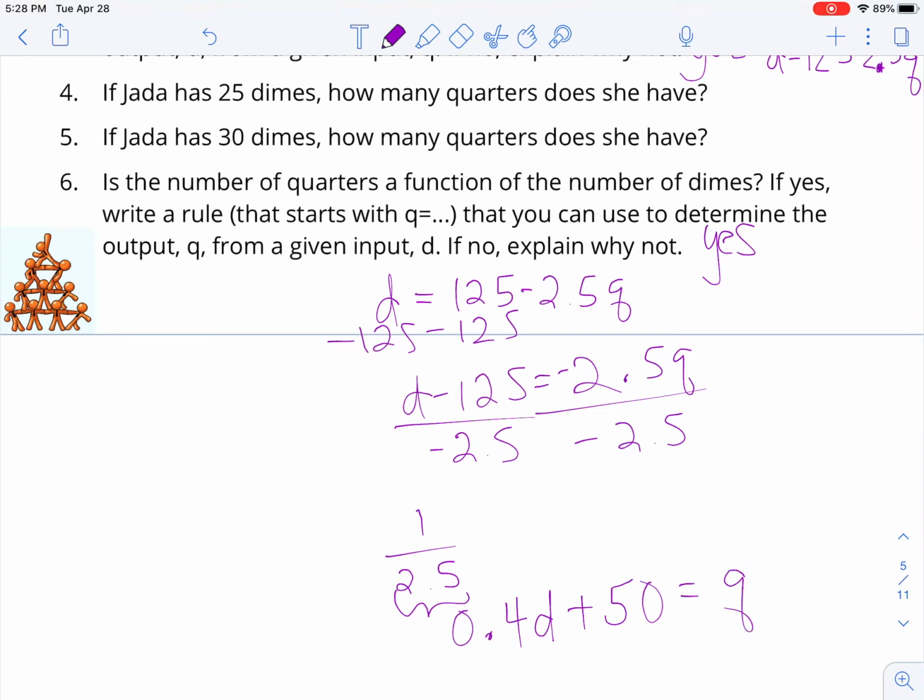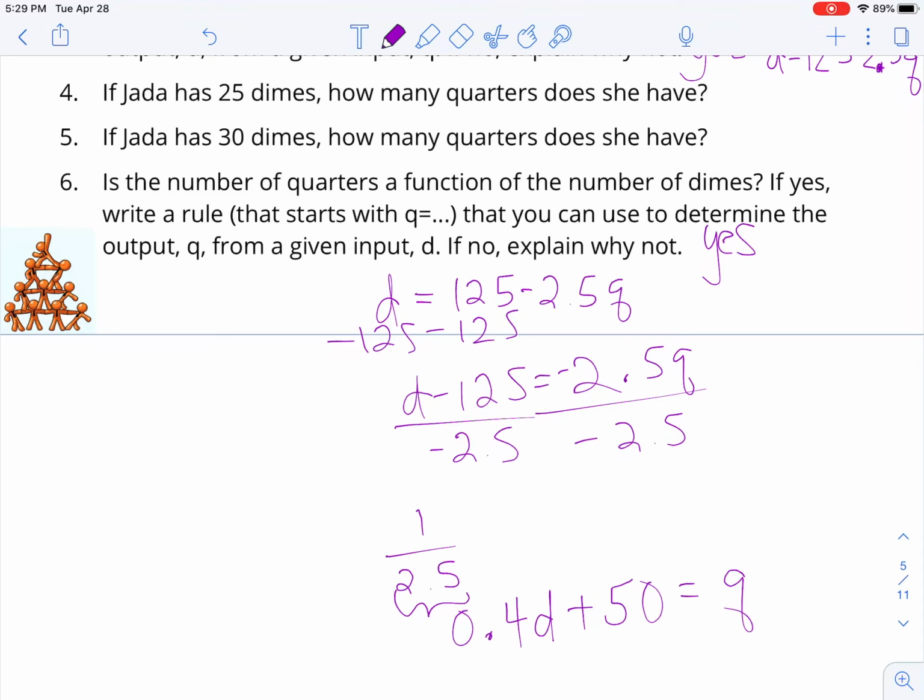All right. So really all they want you to do when they're asking you to write it as a function of something is just take whatever letter it is that they're talking about, like, is quarters a function of dimes? Well, quarters is listed first. So you're going to want quarters all alone and then just shift everything over, whatever you have to do to make that happen. Work with your original equation. That's pretty much all they're saying.